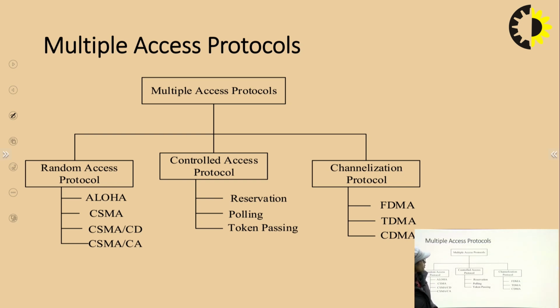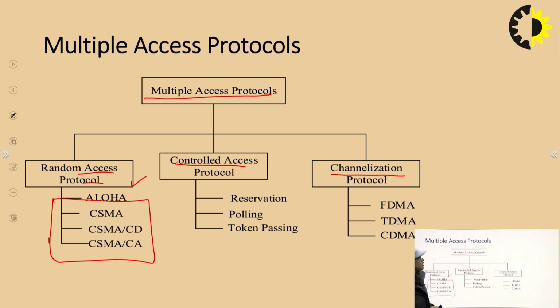Multiple access protocol and media access control are discussed together because this is the functionality of the MAC, and this task is implemented using some categories of protocols. The first category is random access protocols, the second is controlled access protocols, and the third is channelization protocols. What we will discuss ahead in the lecture series has a main concept, that is CSMA. First of all, we understand this particular concept.